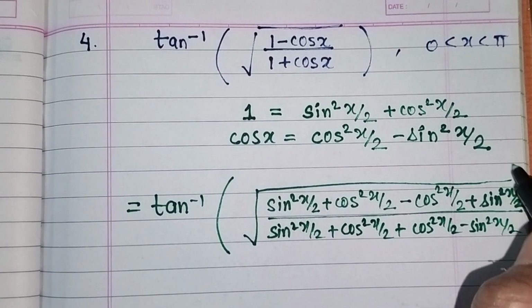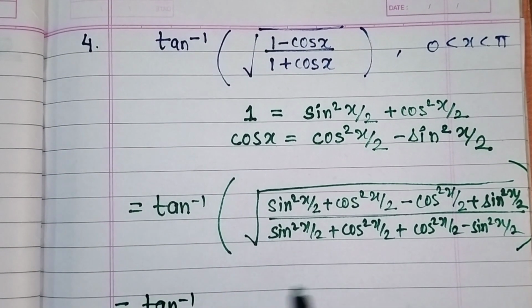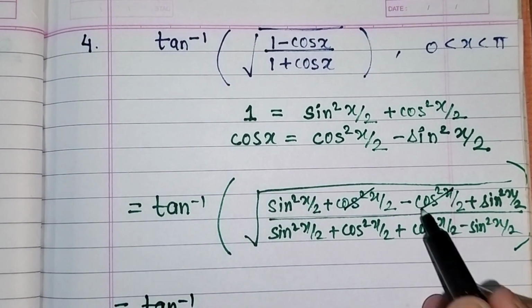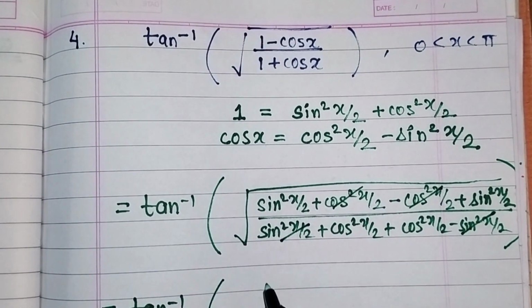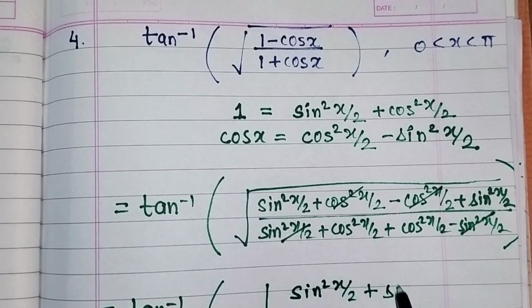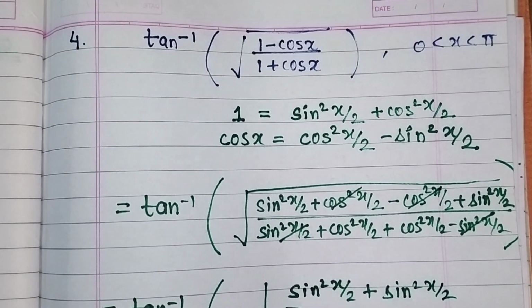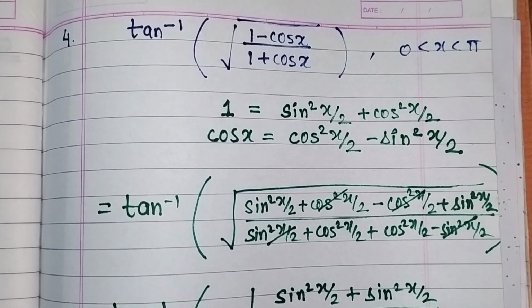Okay, so just complete this bracket. So you have, this is equal to tan inverse. As you can see, this cos square and cos square get cancelled, and sin square and sin square from the denominator get cancelled. So we have under root sin square x by 2 plus sin square x by 2. In the denominator we have cos square x by 2 plus cos square x by 2.